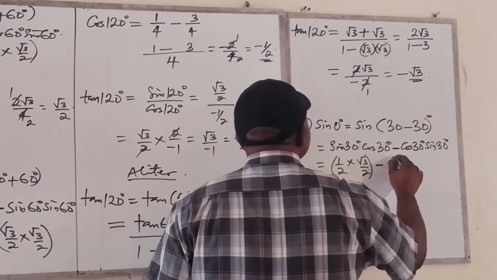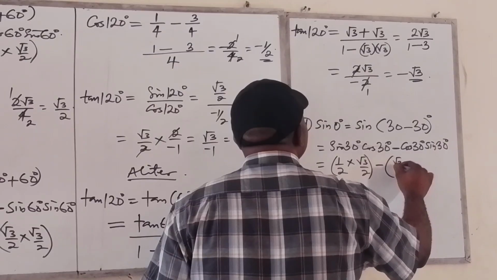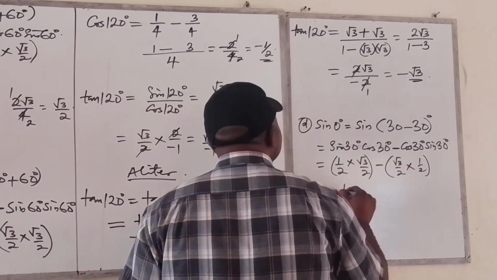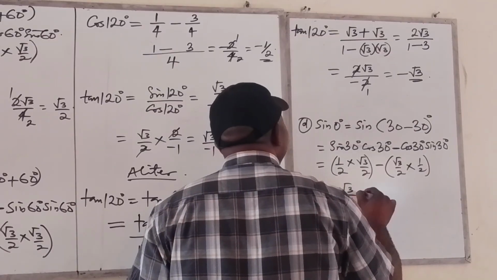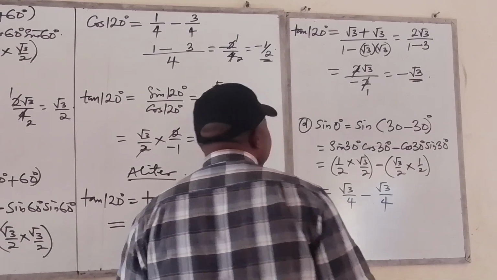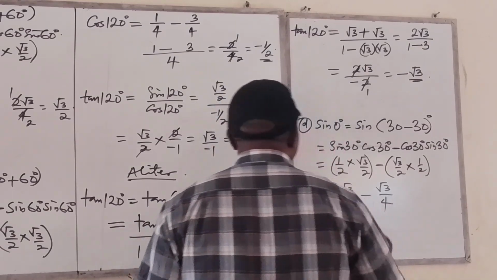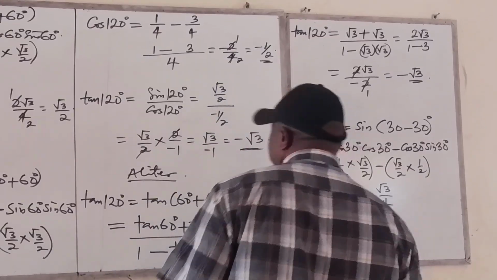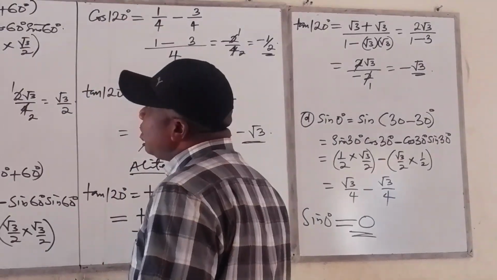So minus root 3 all over 2 times 1 over 2. This will give us root 3 all over 4 minus root 3 all over 4, so this will give us 0. So it means sine 0 degrees is equal to 0.